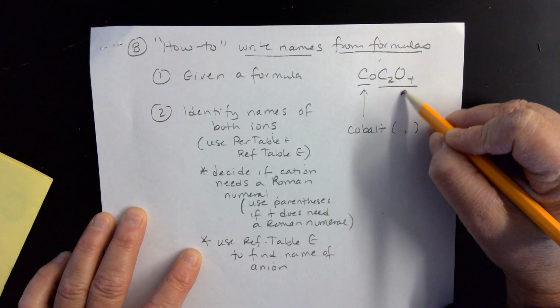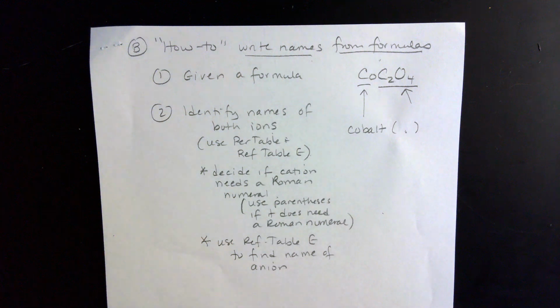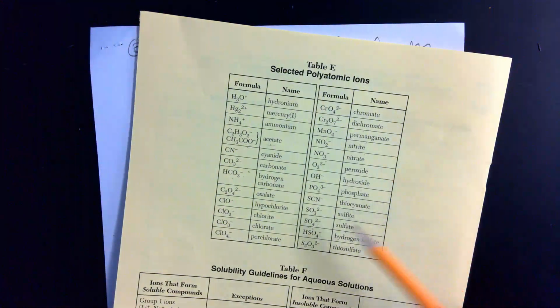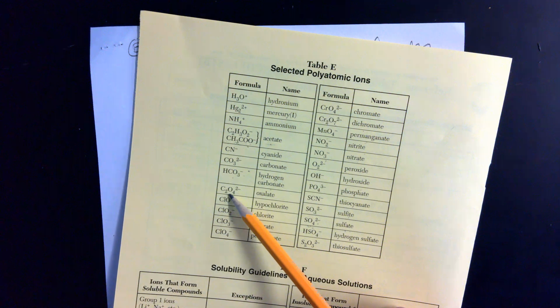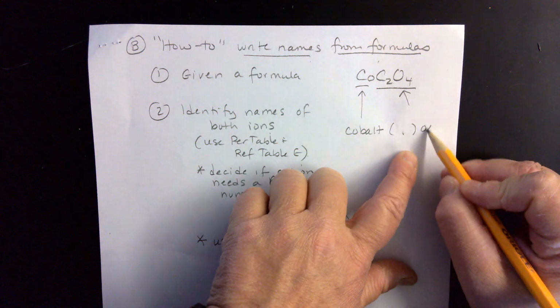Let's decide what the name of C2O4 is. We're going to go to our reference table E. C2O4 is right here. It is called oxalate. So this is cobalt oxalate.